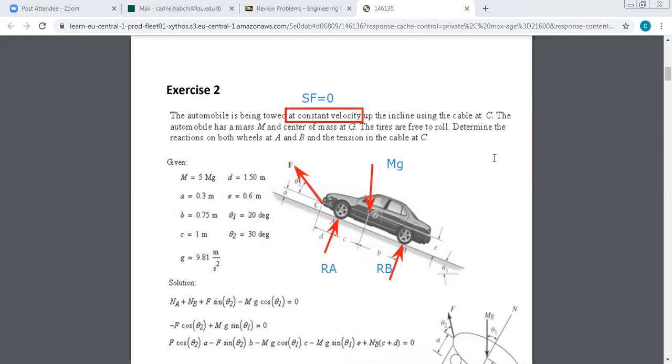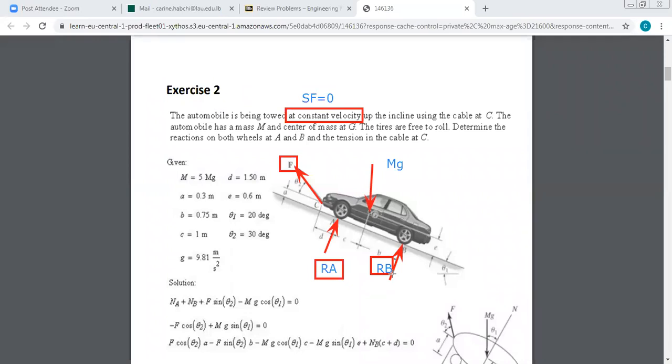And we have in this problem 3 unknowns: the tension force F, the reaction at A, and the reaction at B. So we need to write 3 equations: sum of forces along x equals 0, sum of forces along y equals 0, and sum of moments about any point you choose equals 0.